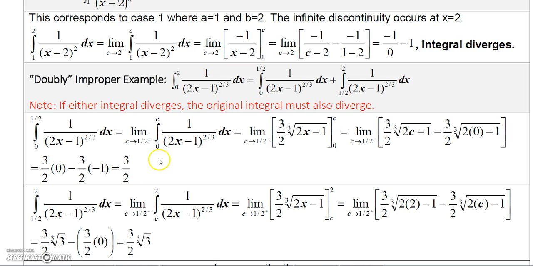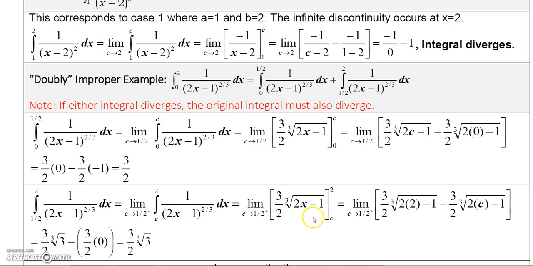Now, the other one, if I integrate from 1/2 to 2, since it's undefined at 1/2, I would integrate from c to 2, and then take the limit after I integrate as c approaches 1/2 from the right.